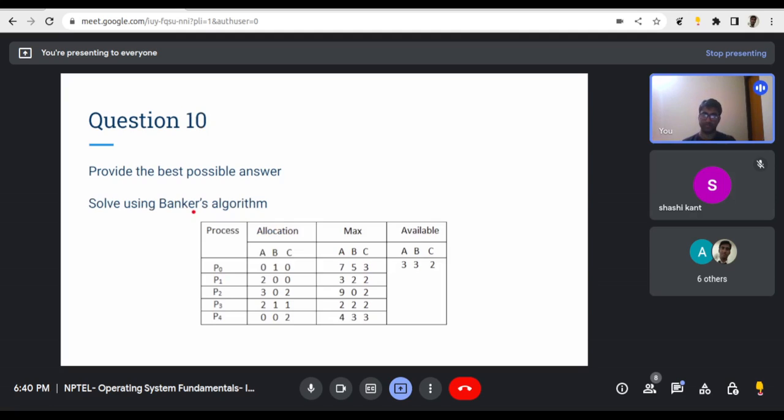Anyway, this is a question of Banker's algorithm. Solving this question means you need to determine the sequence of completion among the processes. The allocation matrix is given, the maximum requirement matrix is given, and the available vector is given. You already know how to calculate the need matrix from allocation and max, right?